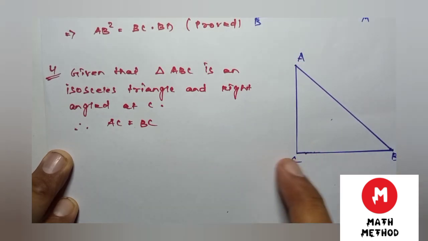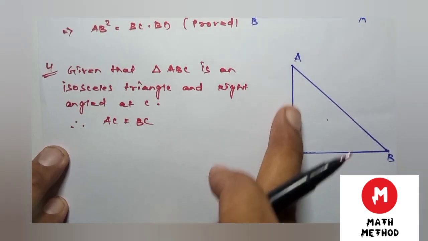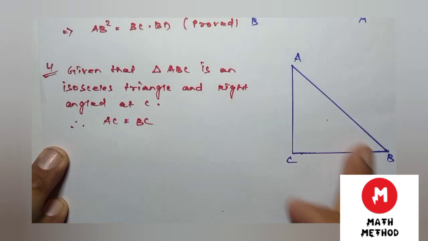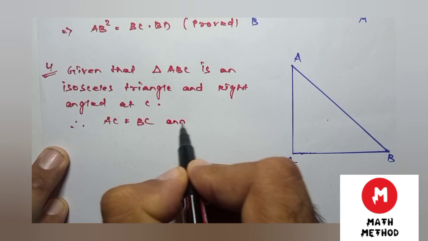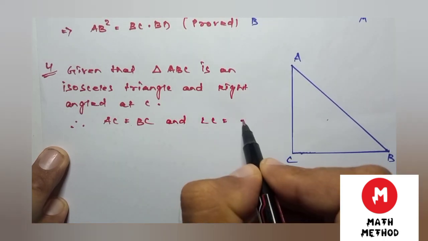So here AC is equal to BC, because here AB is our hypotenuse. This is the longest side. So and angle C is equal to 90 degrees.